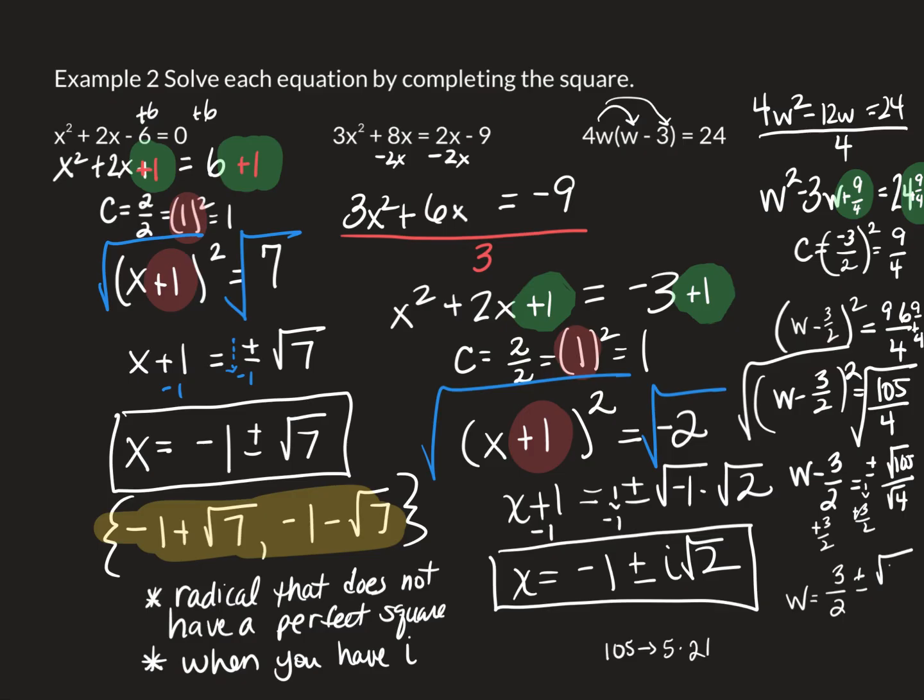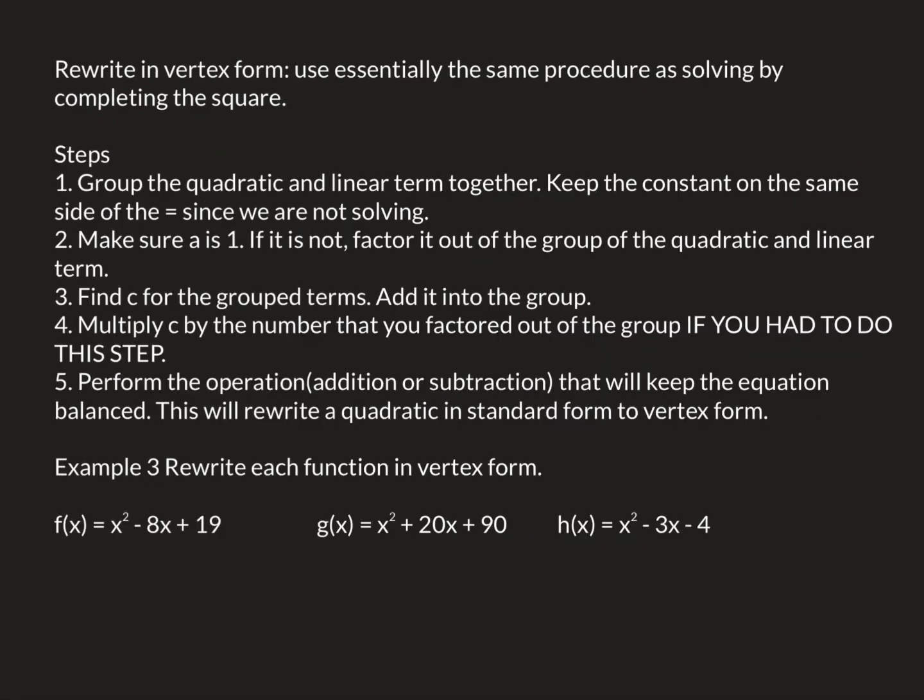So I'm going to have the square root of 105 over 2. You can leave it like this, I'm perfectly fine with that. Or you could see it written as 3 plus or minus the square root of 105 all over 2. Either answer is acceptable. Now we are going to rewrite in vertex form.